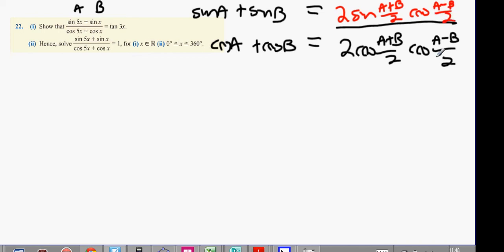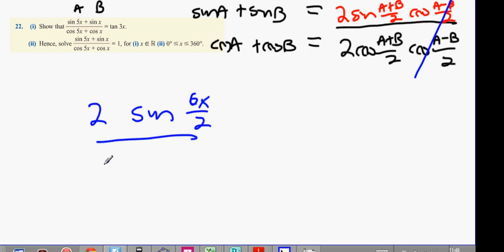Right away the two of them will cancel no matter what they are. Now all we've got to worry about is this here. A is 5x and b is x. So it's going to turn out to be 2 sine 6x divided by 2 over 2 cos of a plus b, being 6x over 2. And they both turn out to be 3x, don't they?